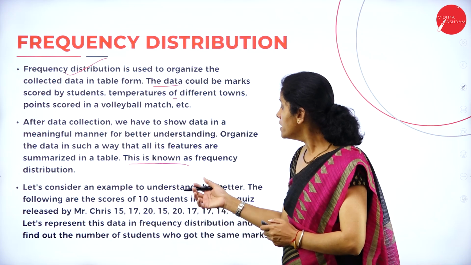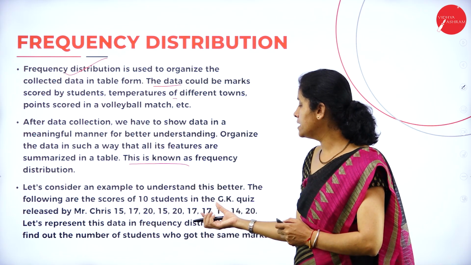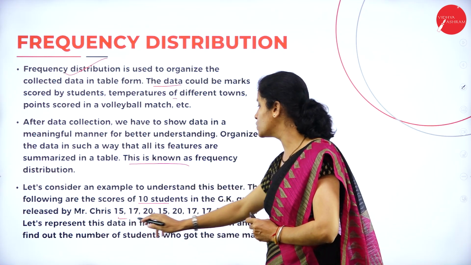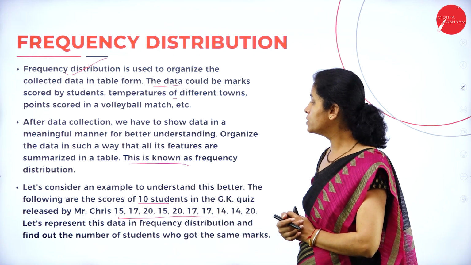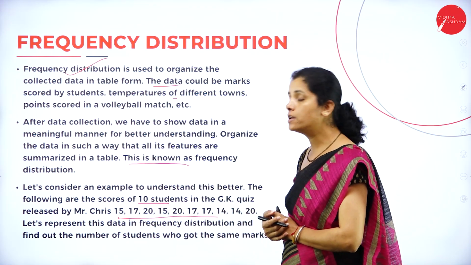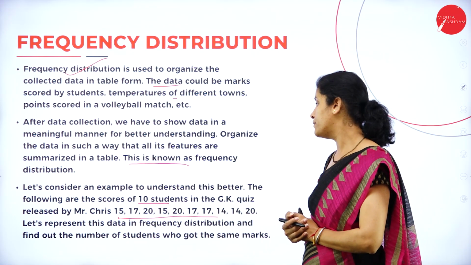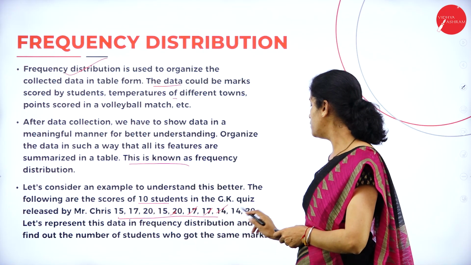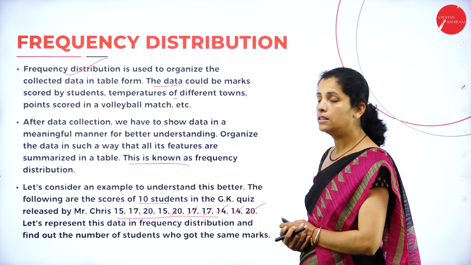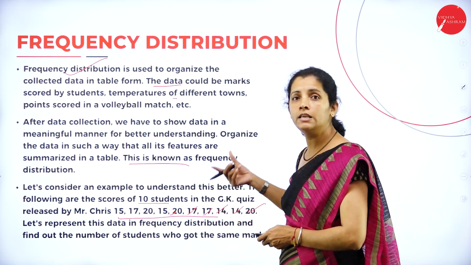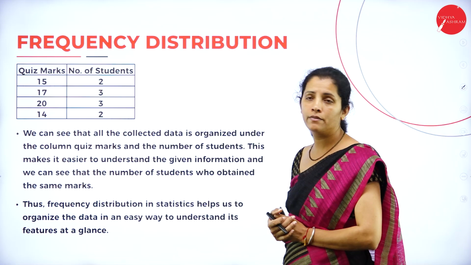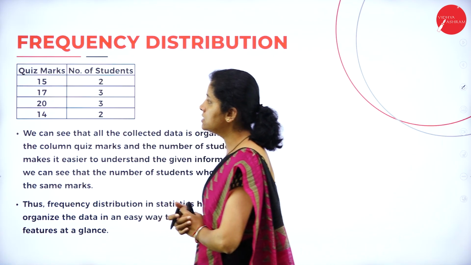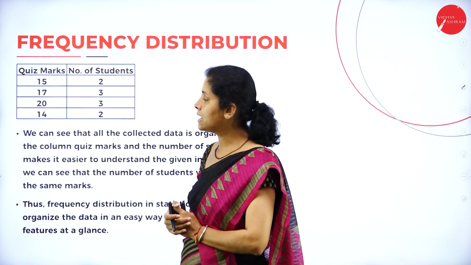So here, if I consider the student, see here, I have 10 students and these are the marks scored in the quiz. Okay, so here I have the numbers like 15, 17, 15, 20, 17, 17, 14, 14 and 20. Now I want to represent these data in some meaningful method. So I'm going to have the frequency distribution and I'm going to organize the data.